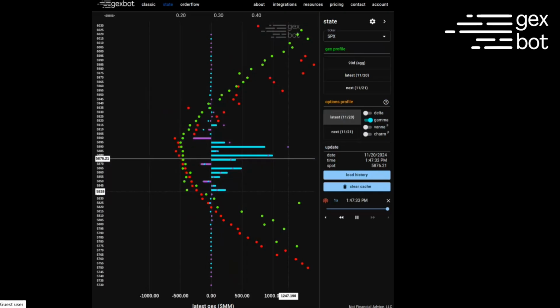My preferred analogy, and I've said this many times to John, is that spot price is a ball on a slope. Where does the ball want to roll? Where is it easier for it to slide?